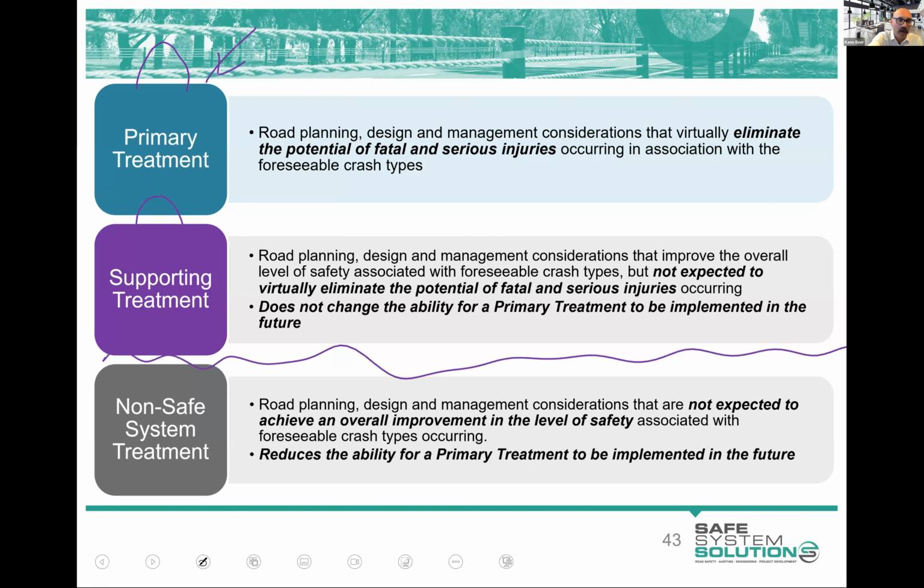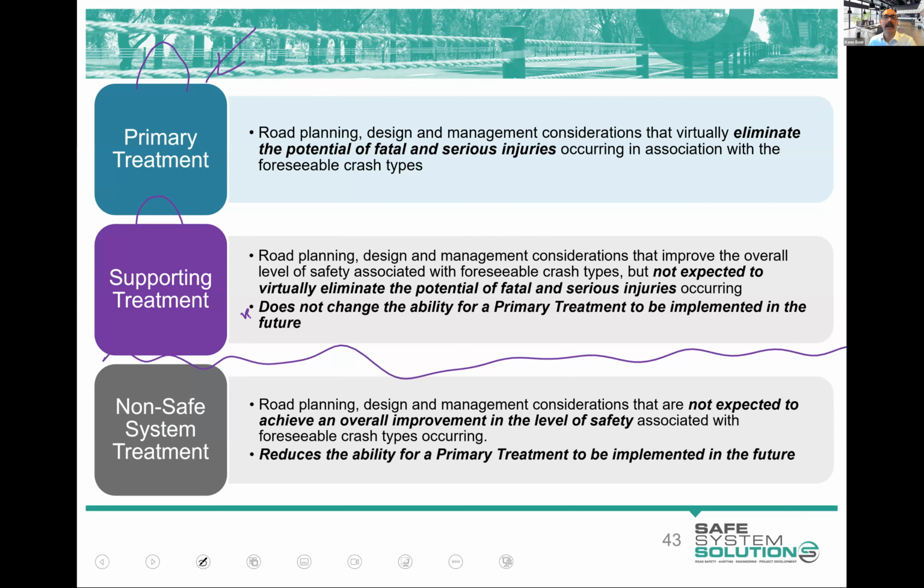Now, supporting treatments do have this little other dot point, which is that you don't want it to stop the potential for a primary treatment being able to go in the future. So maybe, I don't know, like a high-ish speed road intersection, putting traffic signals is going to stop you getting that primary treatment in the future. It's going to make that a lot harder.